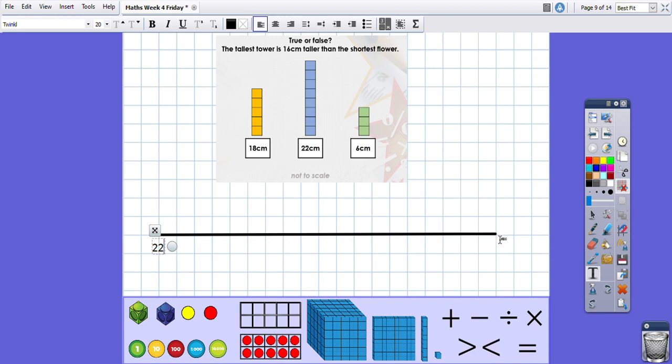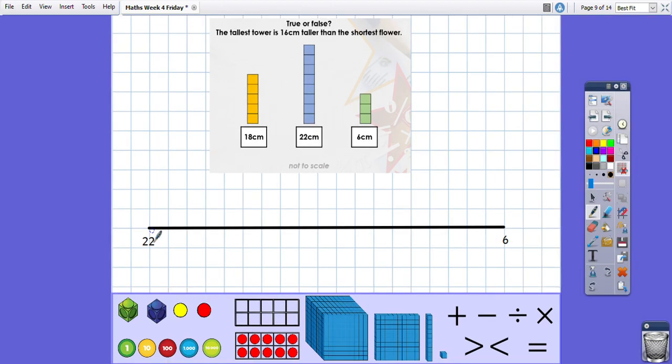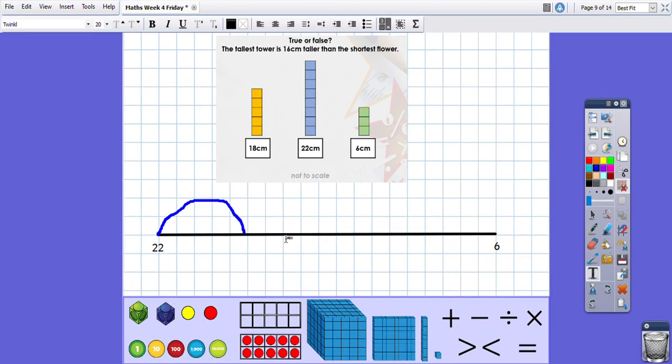Okay. And I need to get to 6 because 6 is the smallest. So I need to do some takeaway jumps. So I know the easiest thing for me to do is to get to 20. Get to my nearest multiple of 10. So I'm going to do my jump, and I know that I need to get to 20.